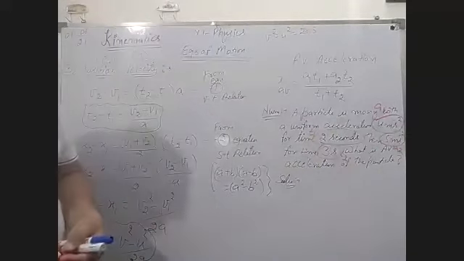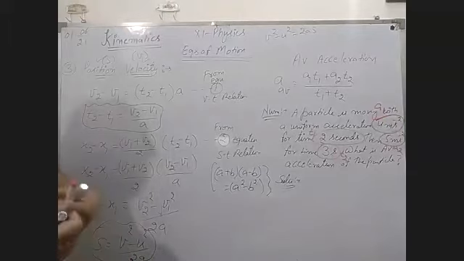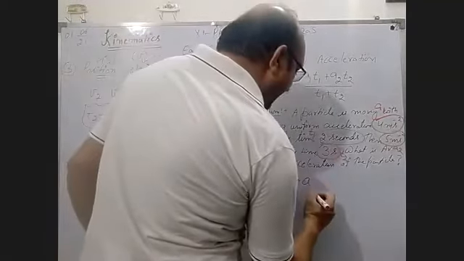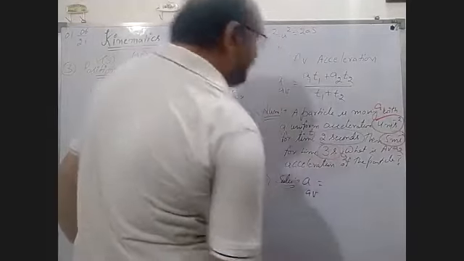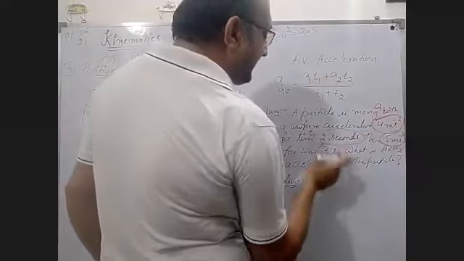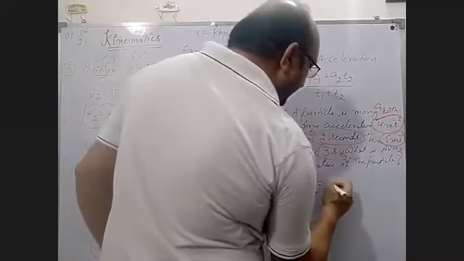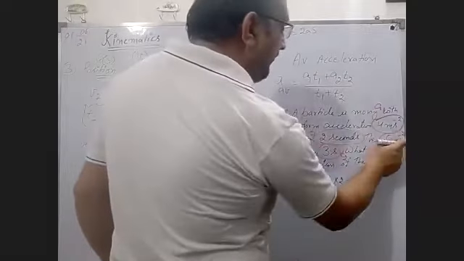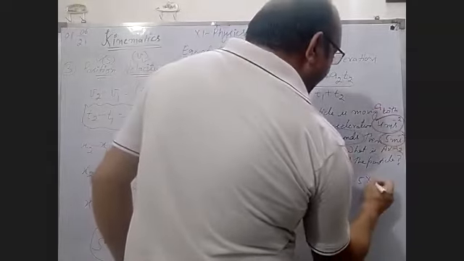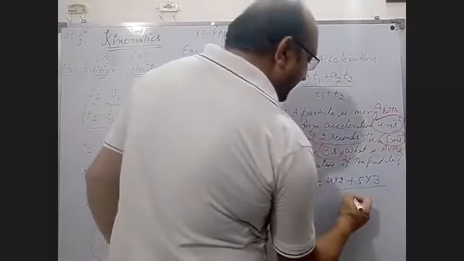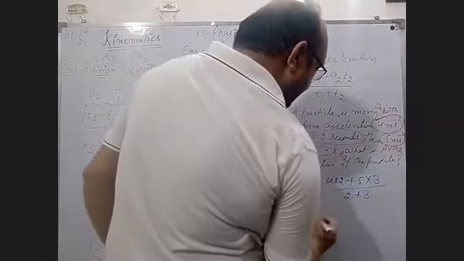Now put all these values in the above relation. Average acceleration: a1 is 4 meter per second square, t1 is 2 seconds, so 4 into 2, plus a2 t2, 5 into 3, upon t1 plus t2, 2 plus 3.